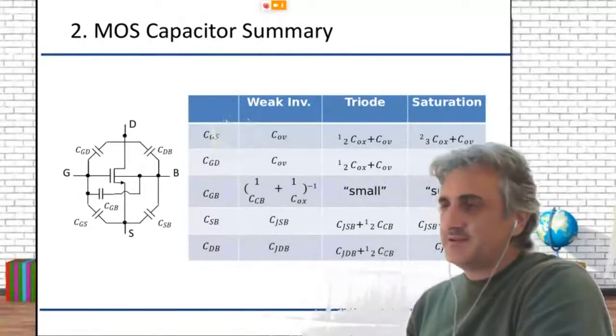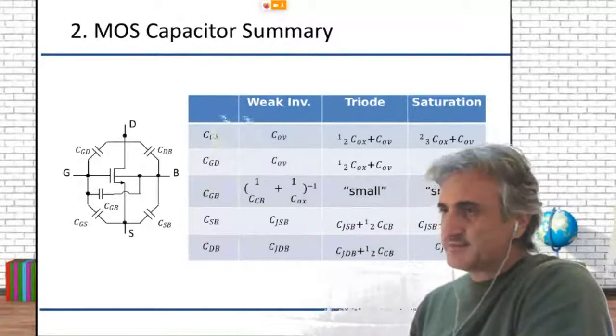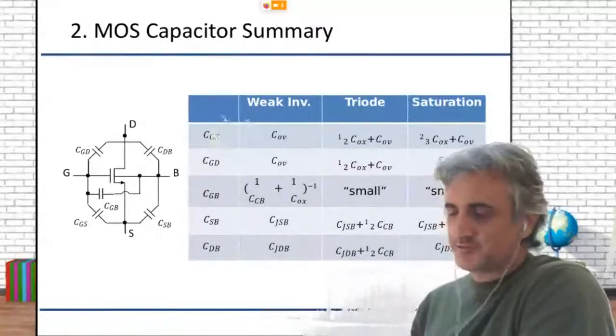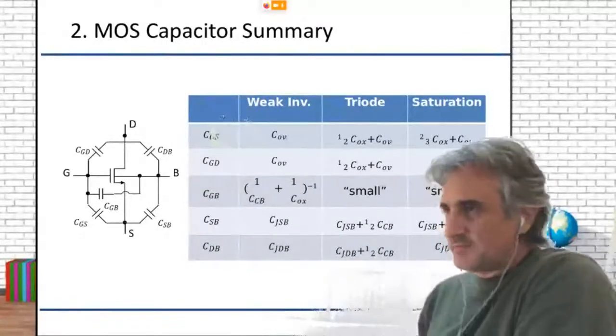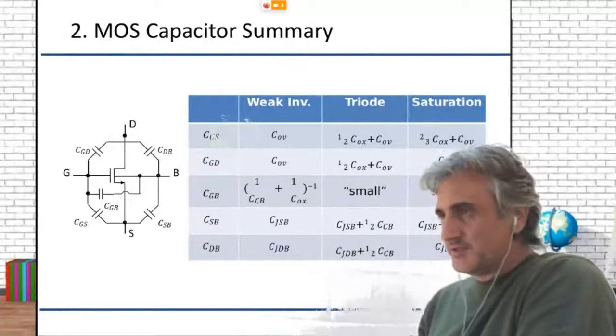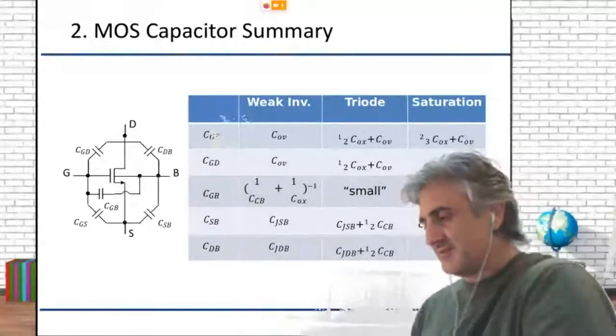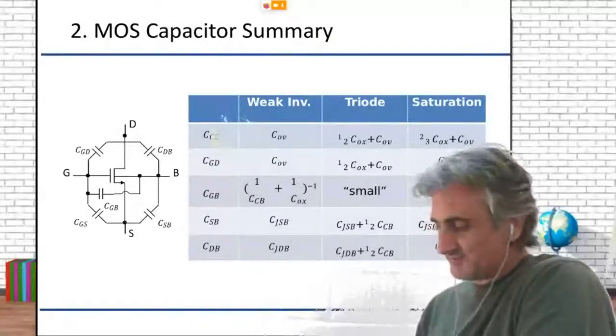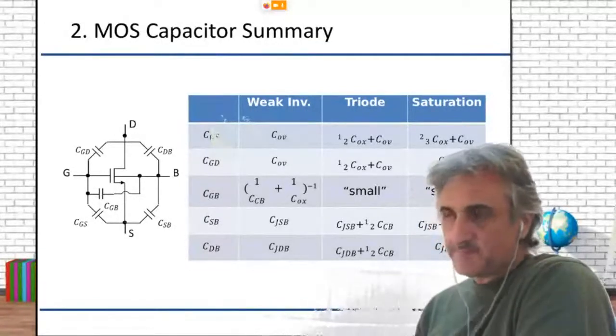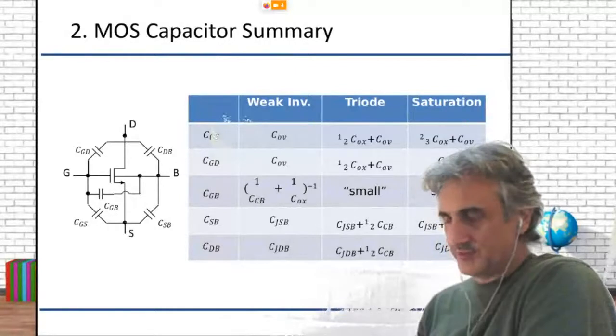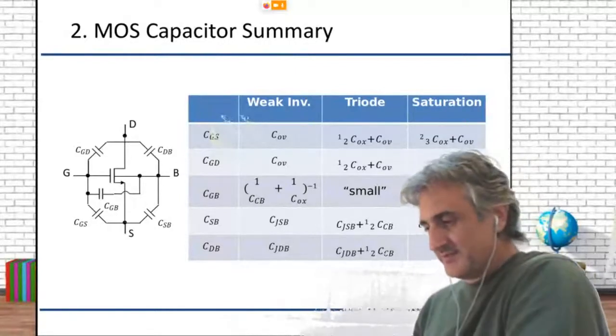Okay, so but the idea is that the capacitances are not fixed. They are more or less fixed, but all these capacitances are changing. We approximate them by something more or less constant, but we have to know that this is false. Okay?